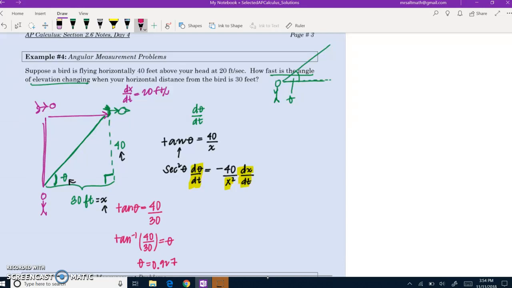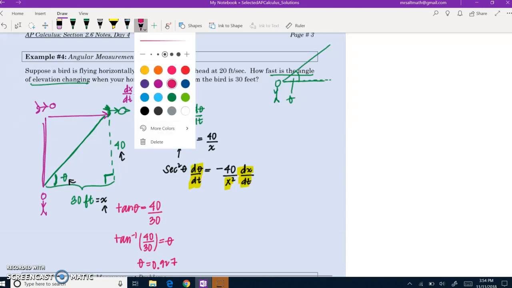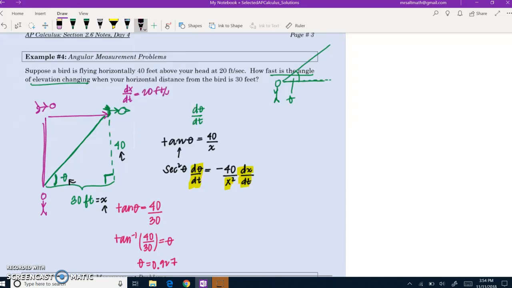So at this point, then I do have everything that I need to plug in. My recommendation would be, in order to get d theta dt completely by itself, to go ahead and divide both sides by secant squared. And I'll give you one reason why that's a good idea. If I then have d theta dt completely by itself on this side, I've divided by secant squared, but it's hard to plug secant squared into my calculator.